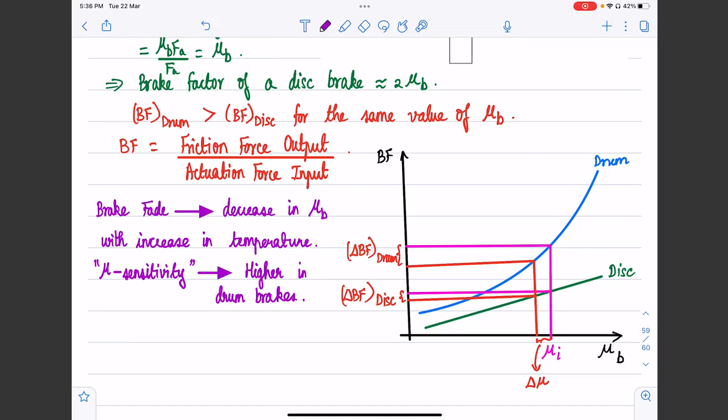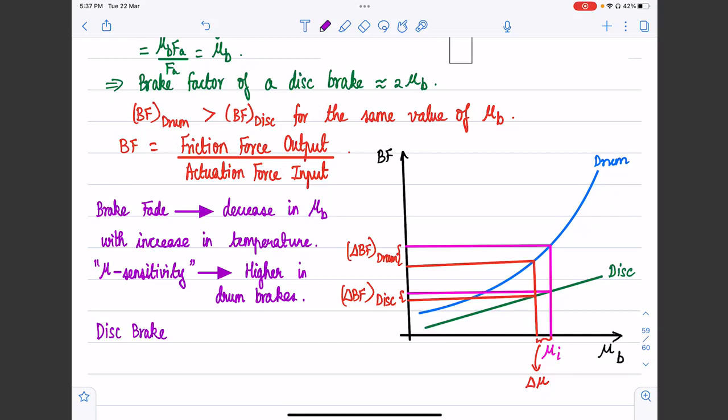Another advantage of disc brakes is the way they are mounted. Drum brakes, as we have seen, are very compact. The brake drum and the brake shoes are one self-enclosed compact unit, which is in turn mounted within the wheel hub.